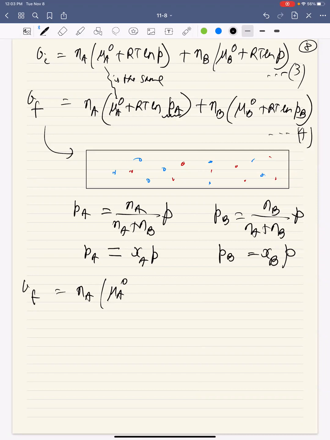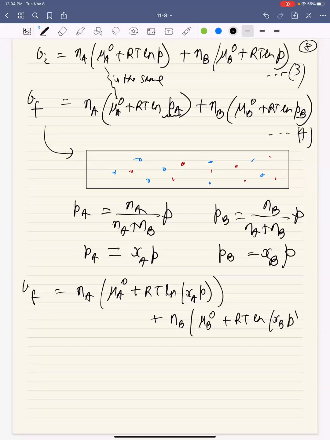So GF is equal to NA mu A naught plus RT ln XA multiplied by P, right? Plus NB mu B naught plus RT ln XB multiplied by P.